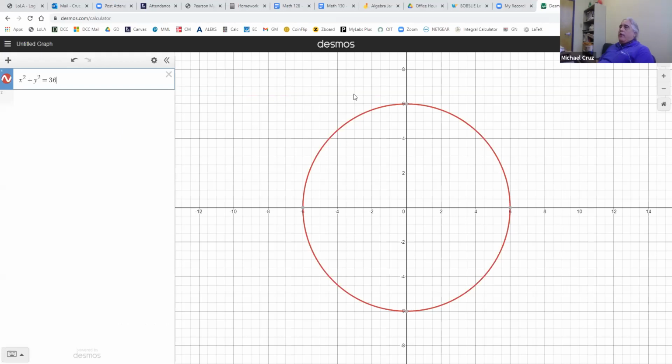So see the graph of a circle. This is that particular circle because it was x squared plus y squared equal to 36. And the problem with this is you cannot solve it for y and get just one x value. You're going to have two values. So I'll show you what I mean.